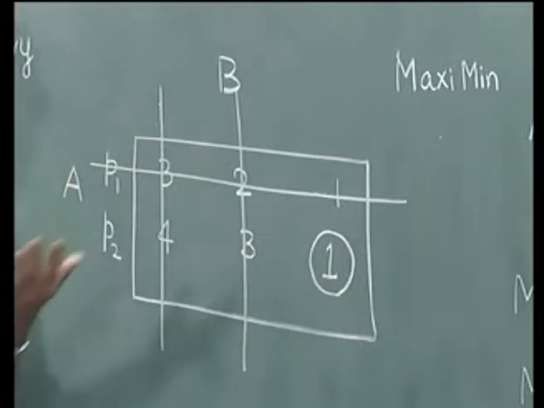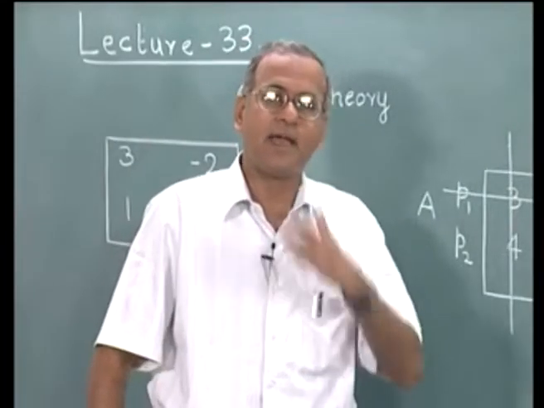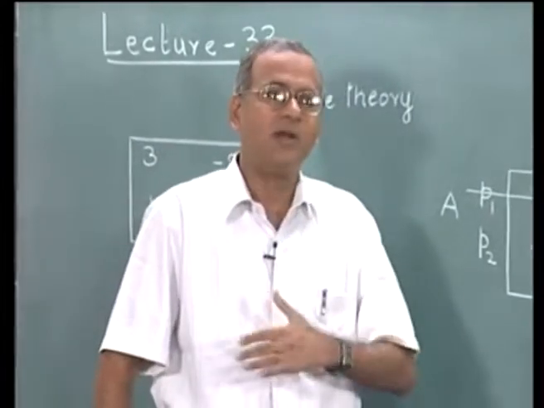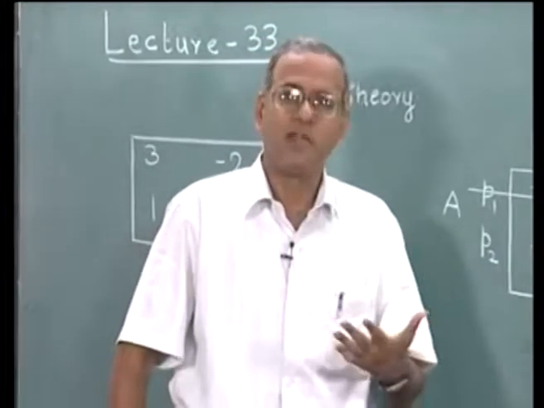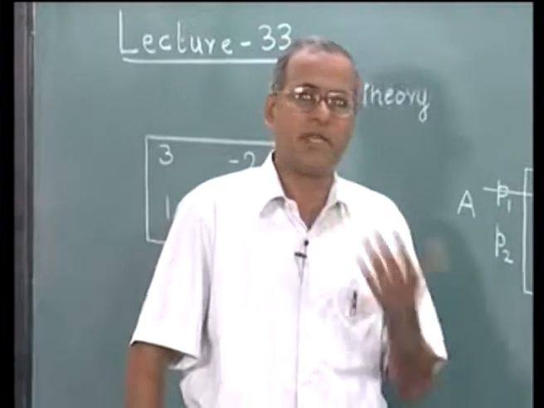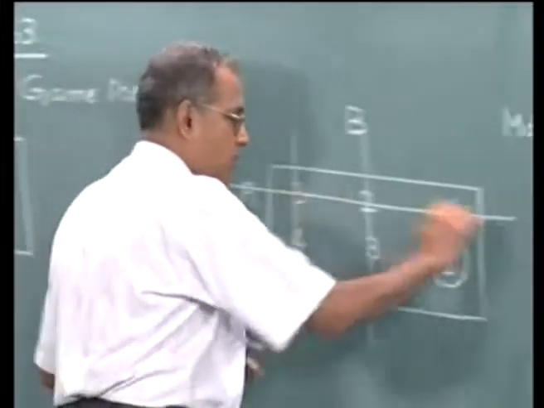Now, as far as A is concerned, a row will dominate another if every element of the second row is greater than or equal to the corresponding element of the first row. Then the second row will dominate the first and the first will go.